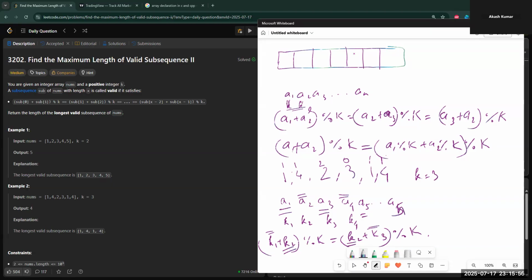After performing the modulus on any element in the array, the value will be in the range 0 to K minus 1 only. So K1 and K3 should be equal. That means in any valid sequence, alternate values are modulo congruent.